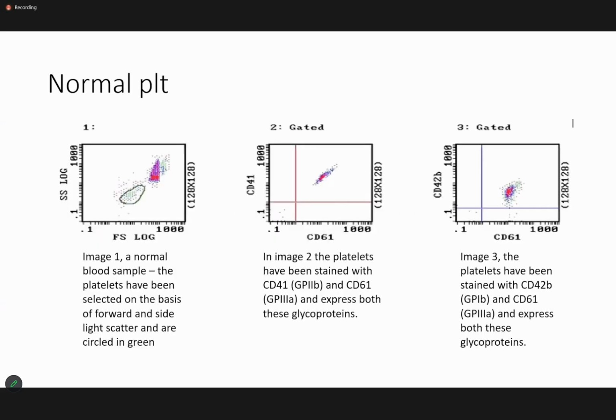So this is just to show you what a normal platelet looks like on the flow cytometry.